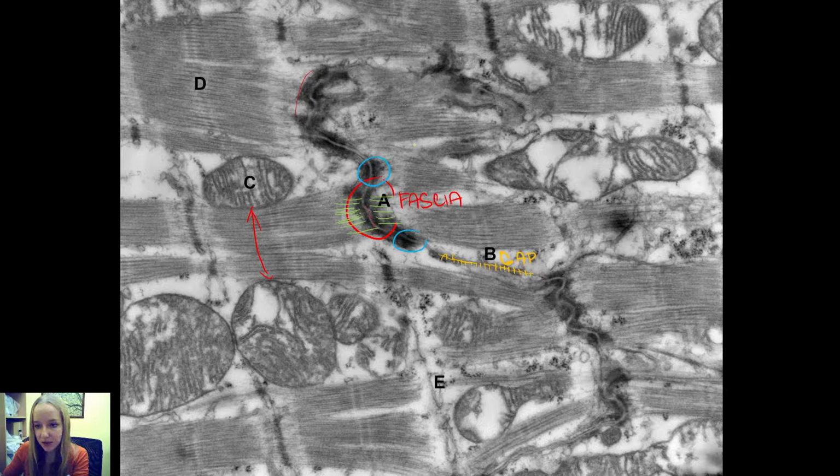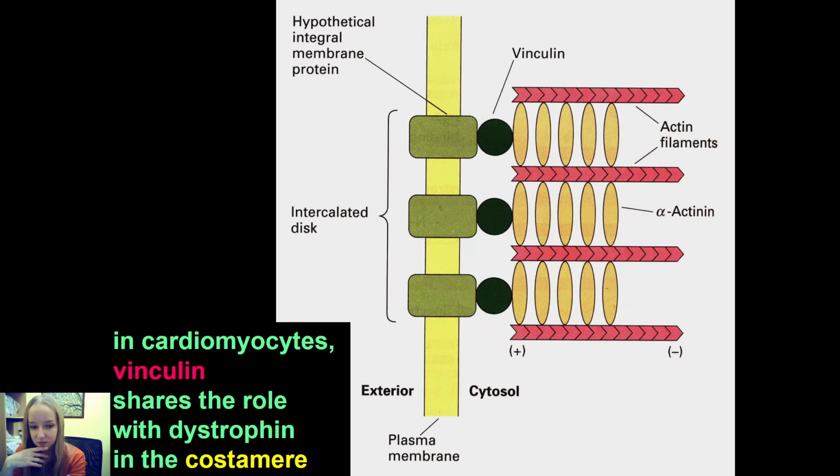Here we have cytoplasm between these myofibrils with mitochondria and ribosomes and other stuff I cannot distinguish, but probably some vesicles are there. Do you remember the costamere?